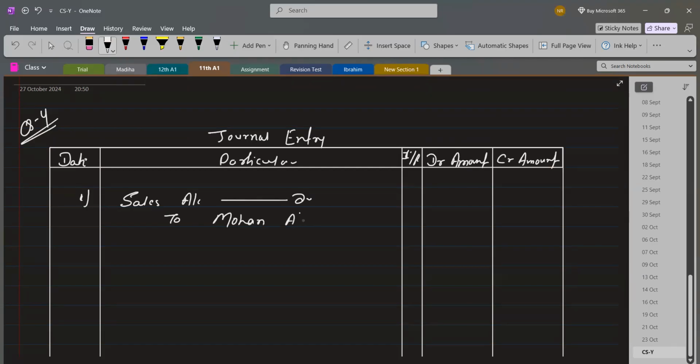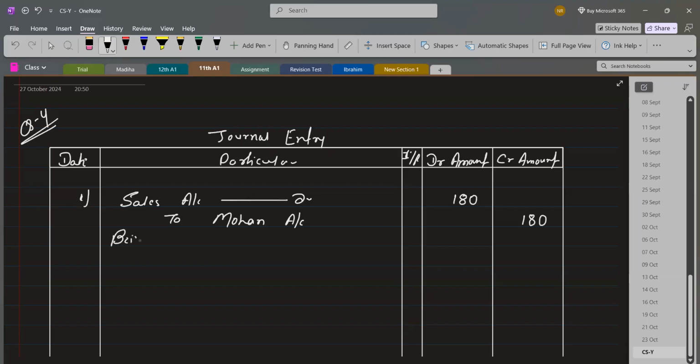I also told you this in one-sided error, where there is a higher amount written, or overcasting or over-totaling. Then what we did in that case, we wrote the difference of amount on the opposite side. In this case also, the actual entry should be with 570, but we have done this with 750, so it is more.